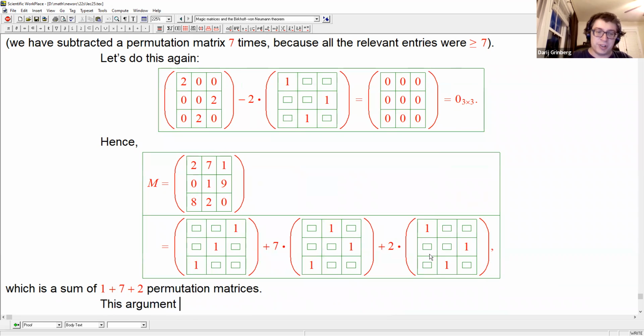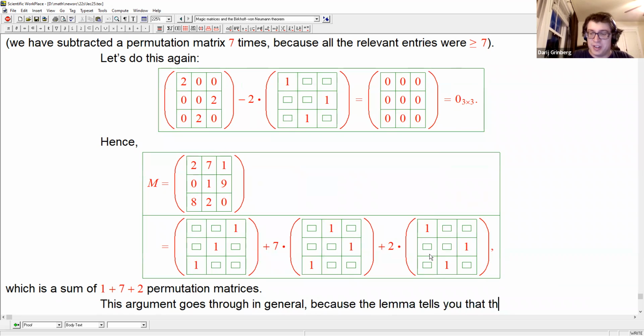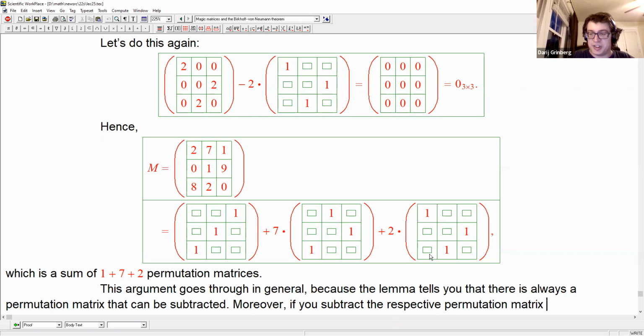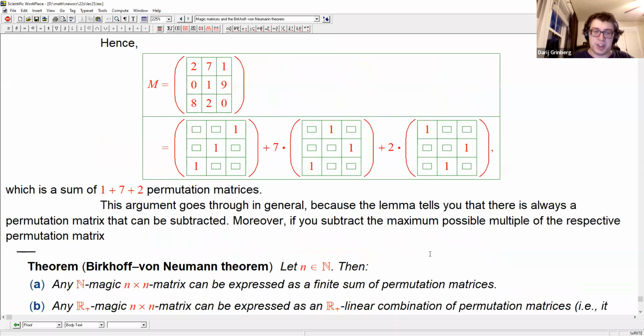And this argument goes through in general, because the lemma tells you that there is always a permutation matrix that can be subtracted. Moreover, if you subtract the maximum possible multiple of the respective permutation matrix, then at least one non-zero entry of your matrix becomes 0.